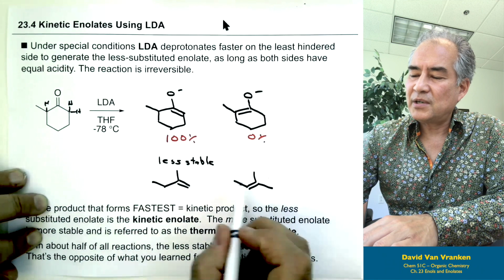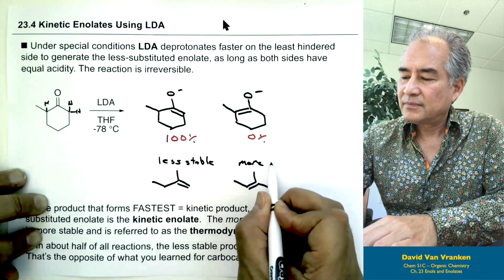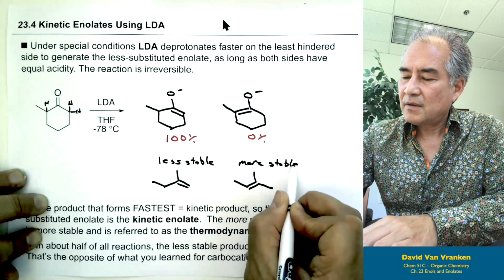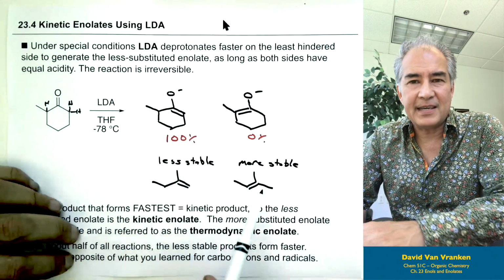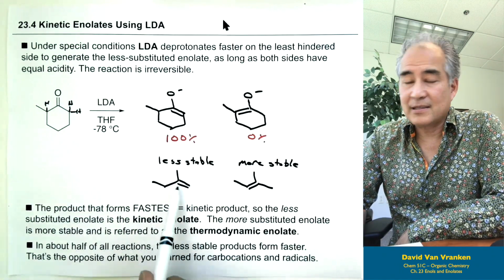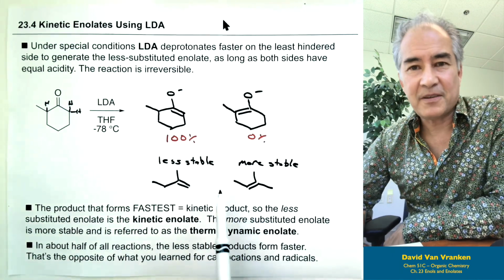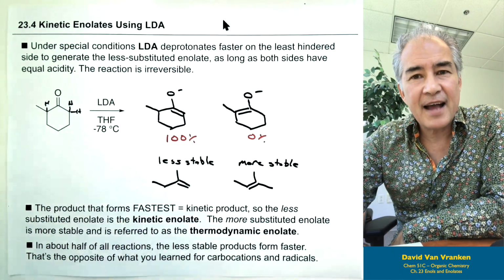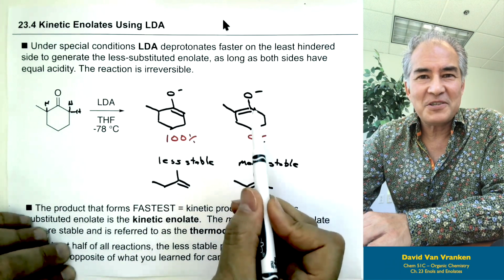Whereas more substituted isomers, if all else is equal, are more stable. We have catalysts, I'm not going to talk about those, but we have catalysts that will isomerize this less substituted alkene to the more stable substituted alkene. Thermodynamics favors that, and it's exactly the same for enolates. More substituted enolates are more stable.